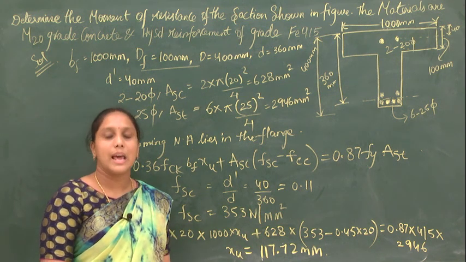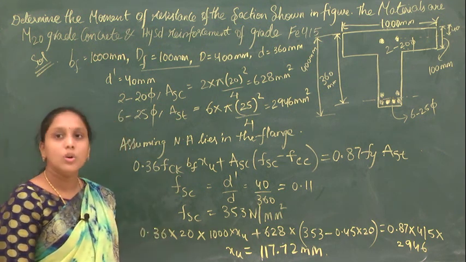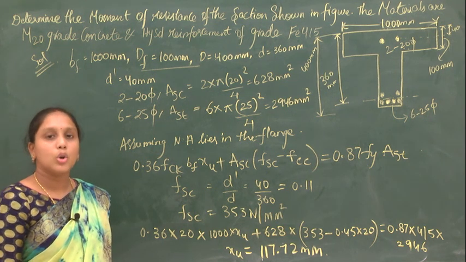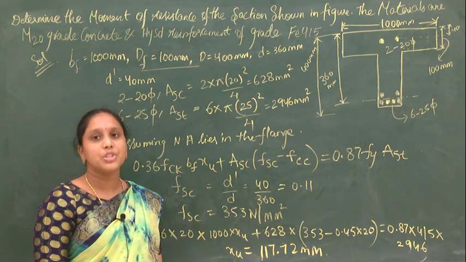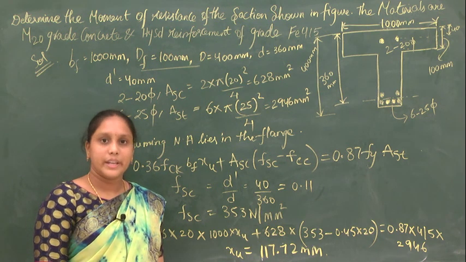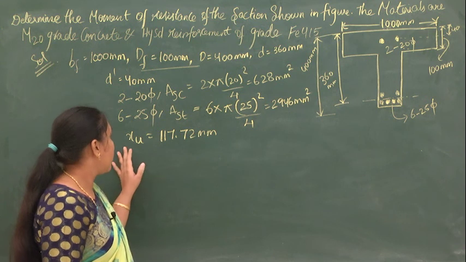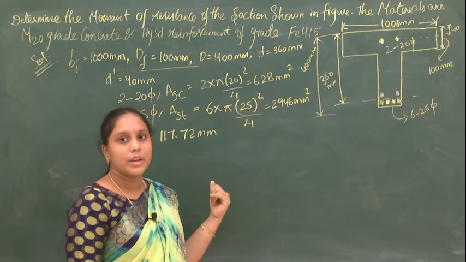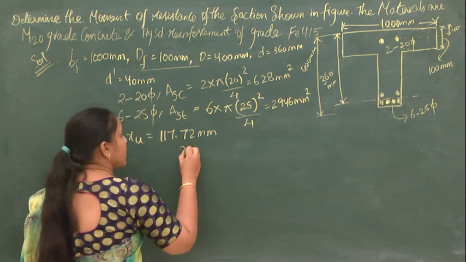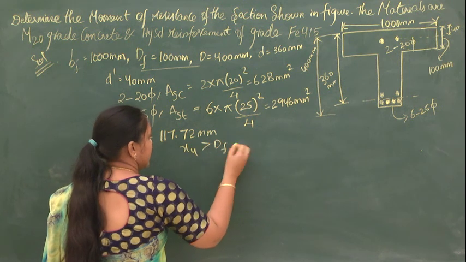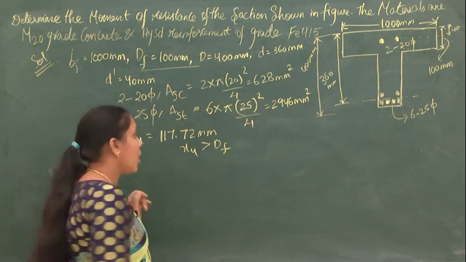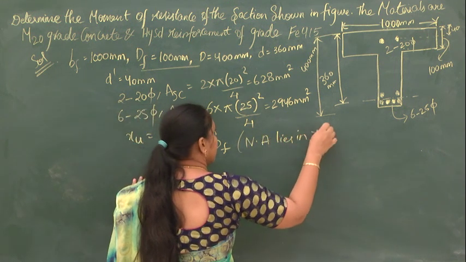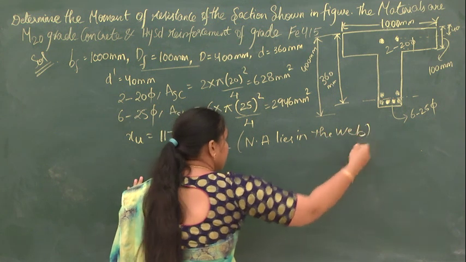As the neutral axis is lying in the web, what do we have to do? We have to calculate the new neutral axis depth, equating the total forces of compression to the total forces of tension. Now we have got the value of XU equal to 117.72 mm. You can observe that XU is greater than DF, so the neutral axis lies in the web portion.